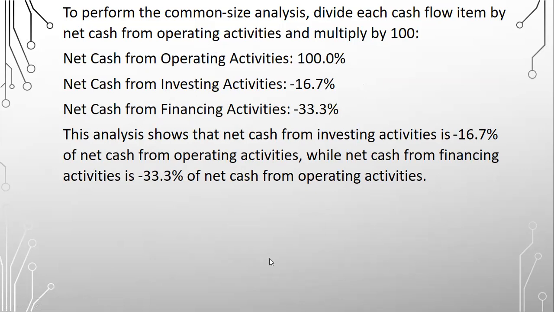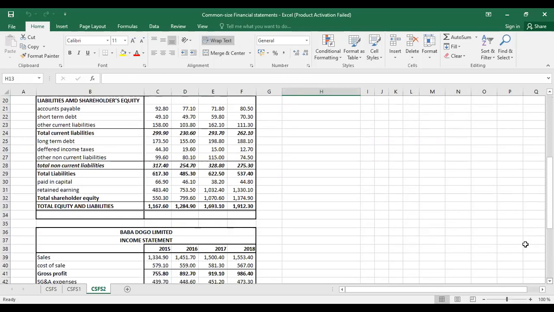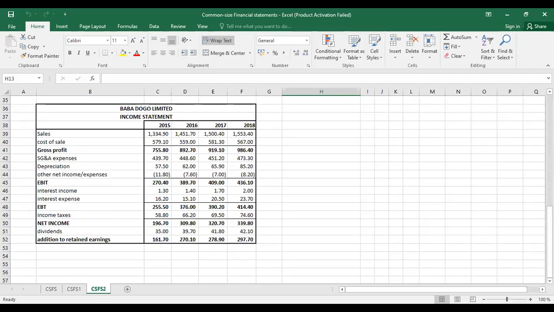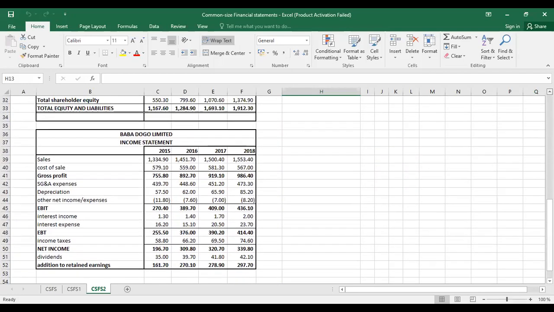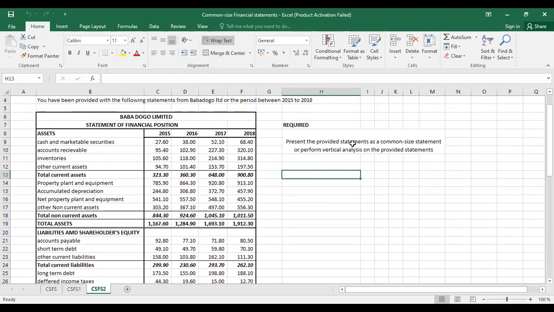Because of the time, we just jump in straight, directly. The same question that we've used there, but don't worry. So we have the income statement and the statement of financial position. Required: present the statements as common size statements or perform vertical analysis.